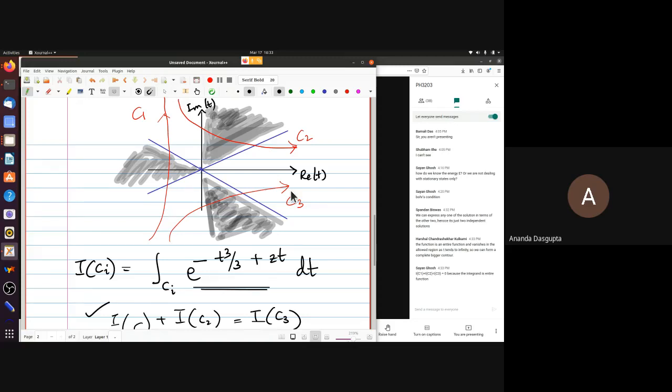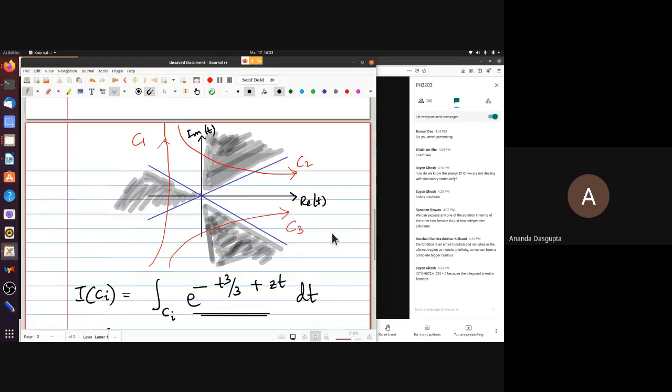Okay, so I've already got two answers in the chat, and both of them are correct. Although Herschel, actually, you didn't really need the additional condition. The function is an entire function, that is enough, because if you take the contour formed by C1, C2, and minus C3, you might say C2 may go off to some point at infinity, and C3 may go to some other point at infinity.